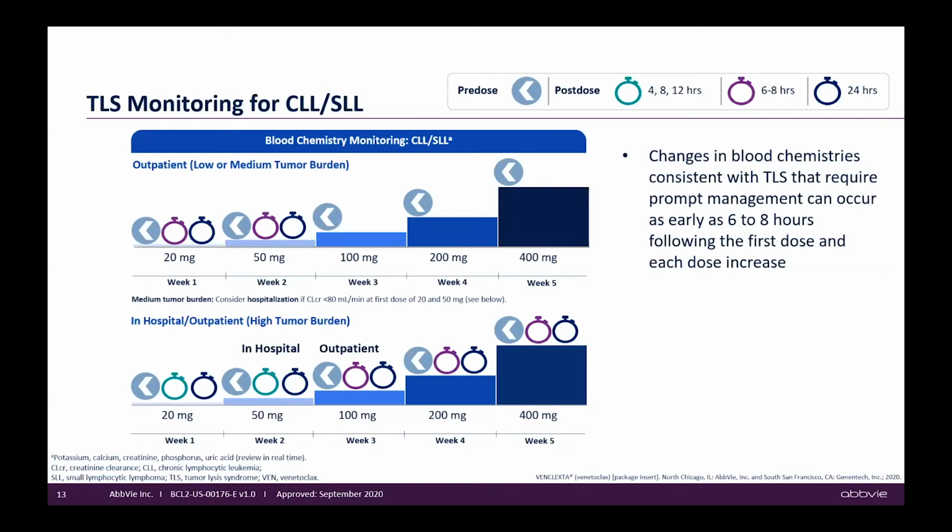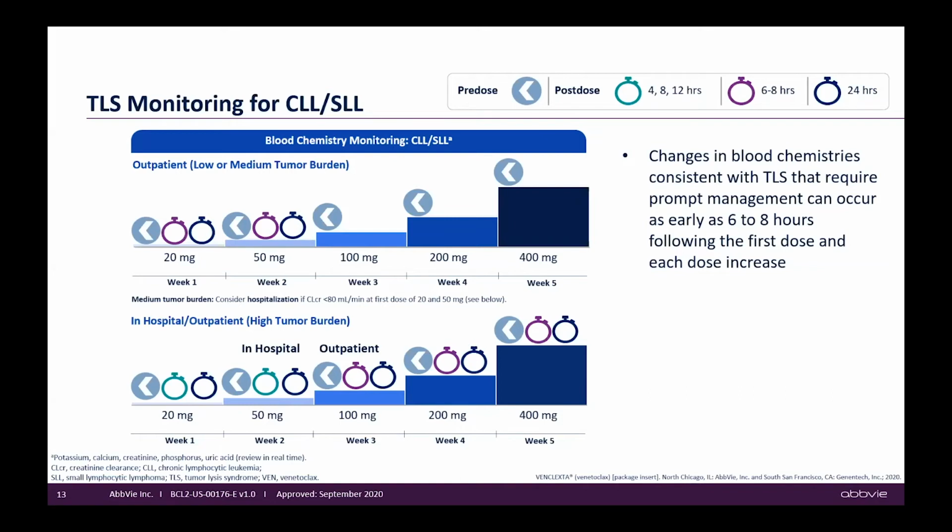However, for those patients who are high tumor burden, or those patients who have a medium tumor burden with a creatinine clearance of 80 or less, and also if those patients have associated comorbidities where the medical team might want to be more aggressive in terms of the monitoring, then for the first 2 dose levels, 20 milligrams and 50 milligrams, this would warrant inpatient monitoring, just given the intensity of the monitoring schedule.